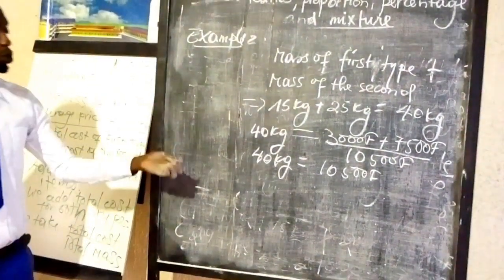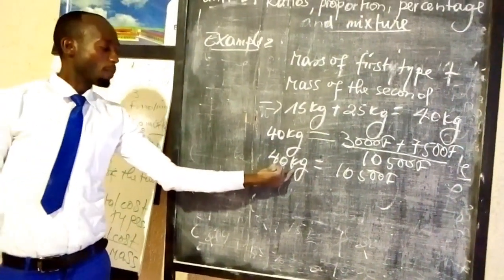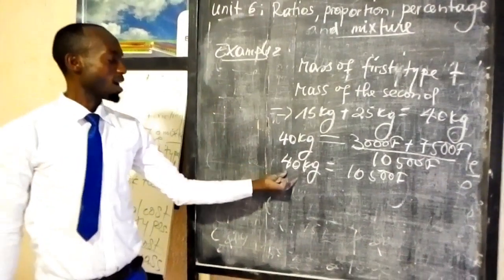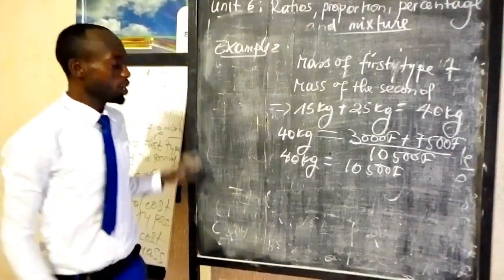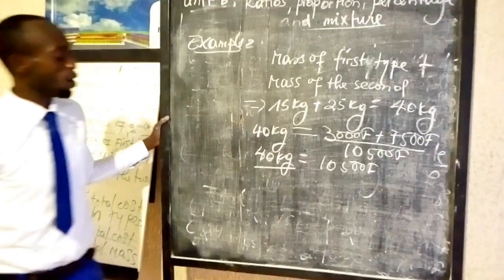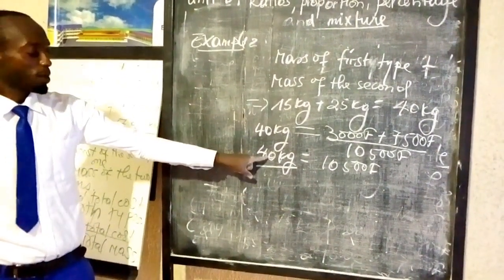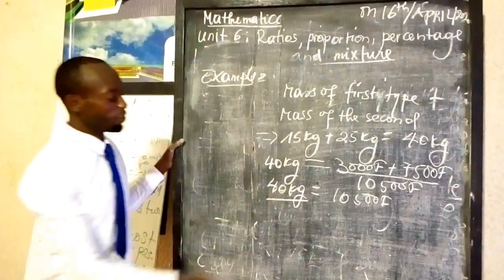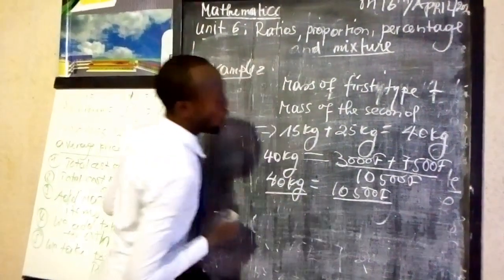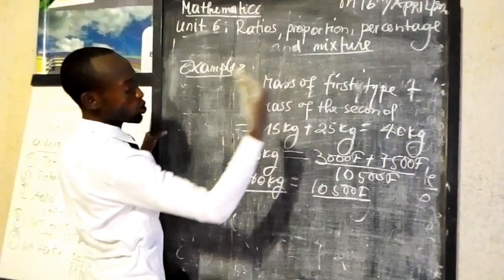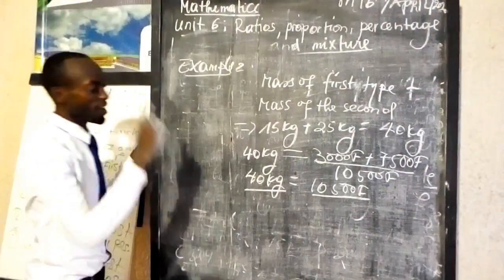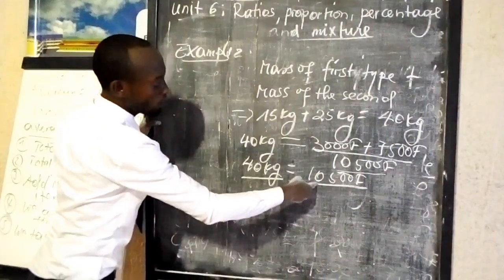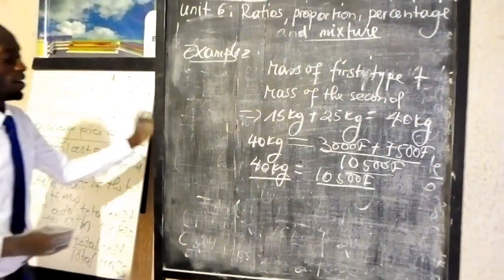Now we are going to see this is the total mass of the first type of beans plus the total mass of the second one, which was 40 kilograms, represent the mass of mixture. And after finding the mass of mixture, of course, we have to add also the cost of first type plus the cost of the second, which is here, and then we get 10,500.